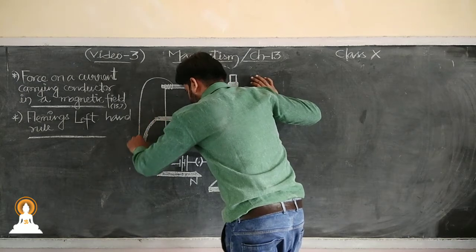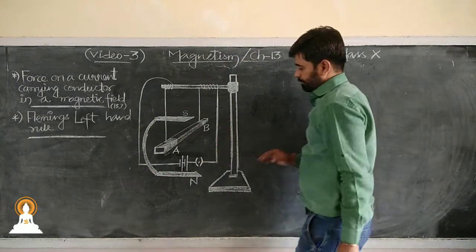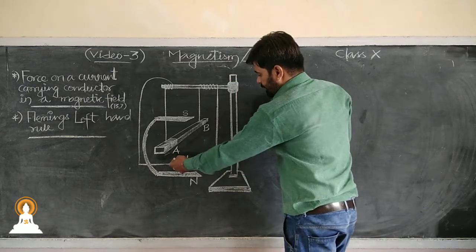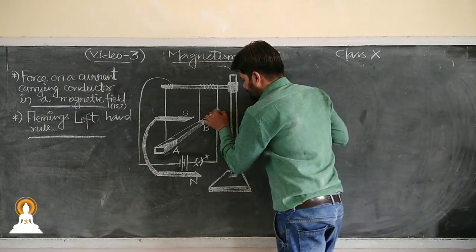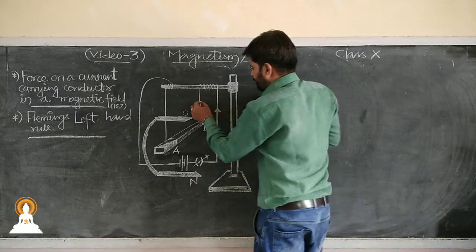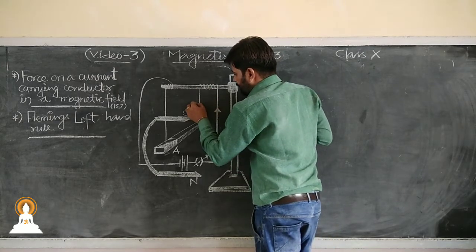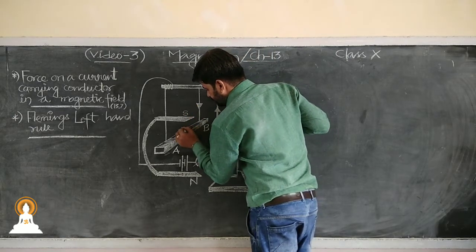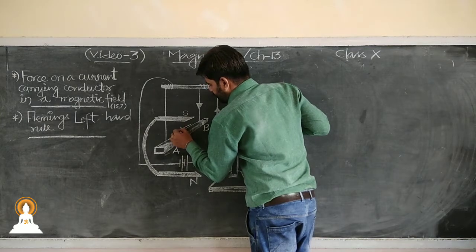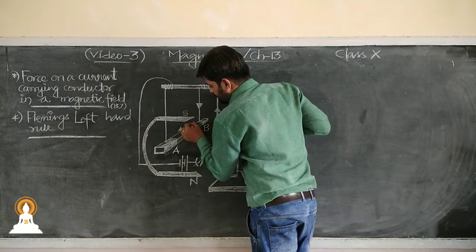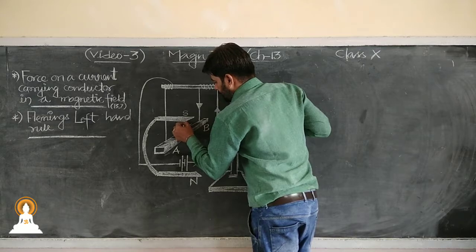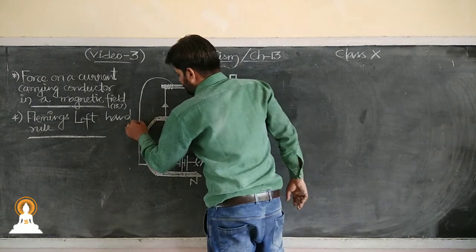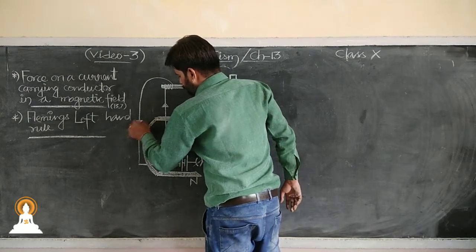Now when we switch it on, current flows, and as the polarity suggests, the current flows like this. It comes here and moves like this, and the circuit is completed and the current continues to flow.